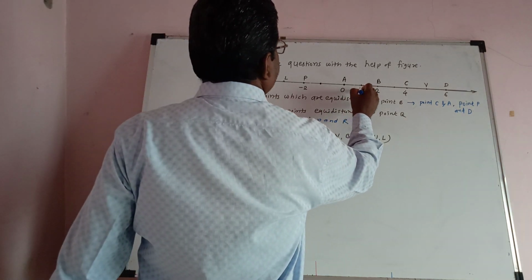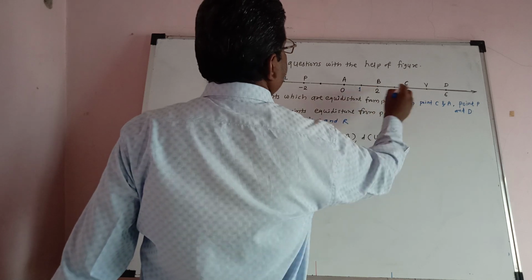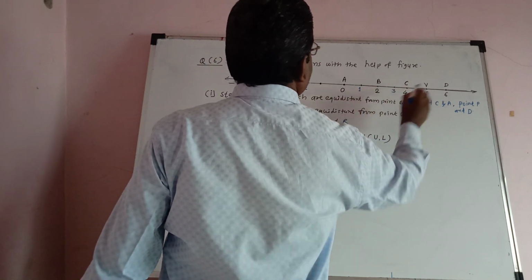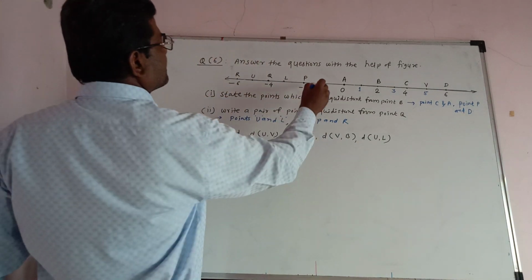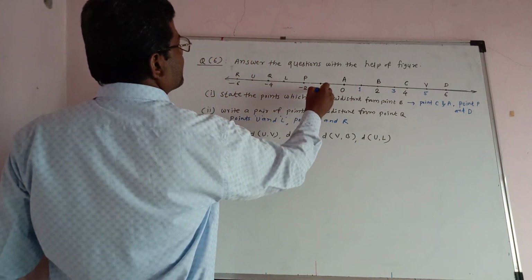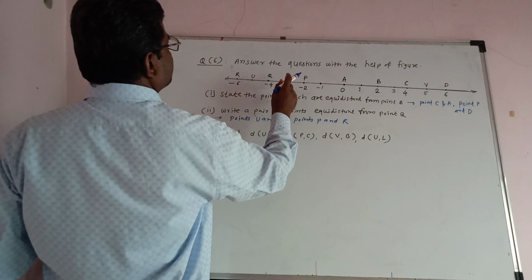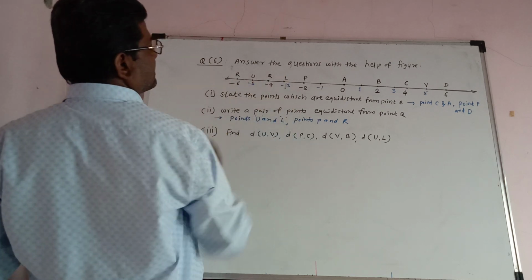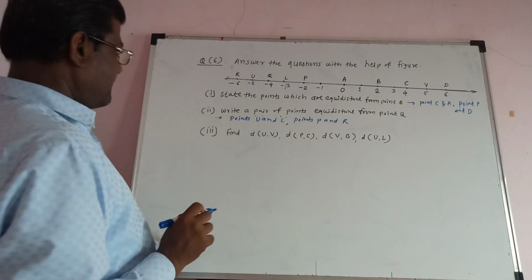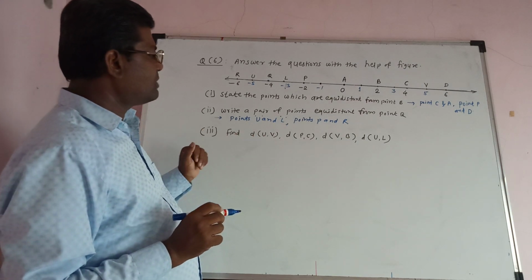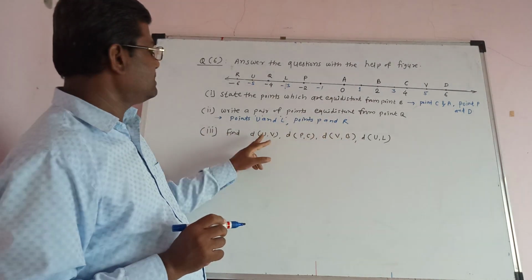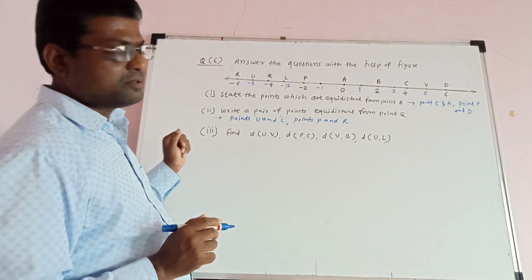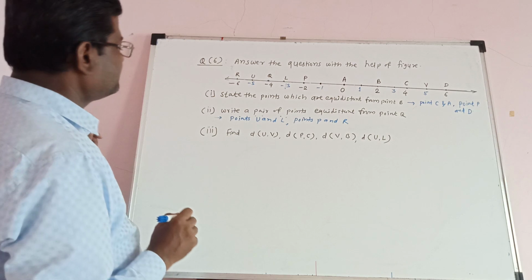This point is 1, this is 3, this is 5, this is minus 1, this is minus 3, this is minus 5. Let us solve one example from these 4 examples. Other examples are homework for you.